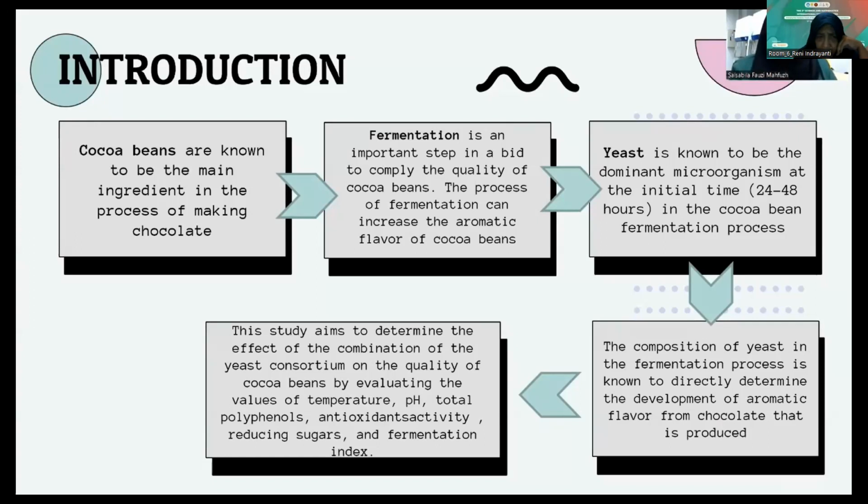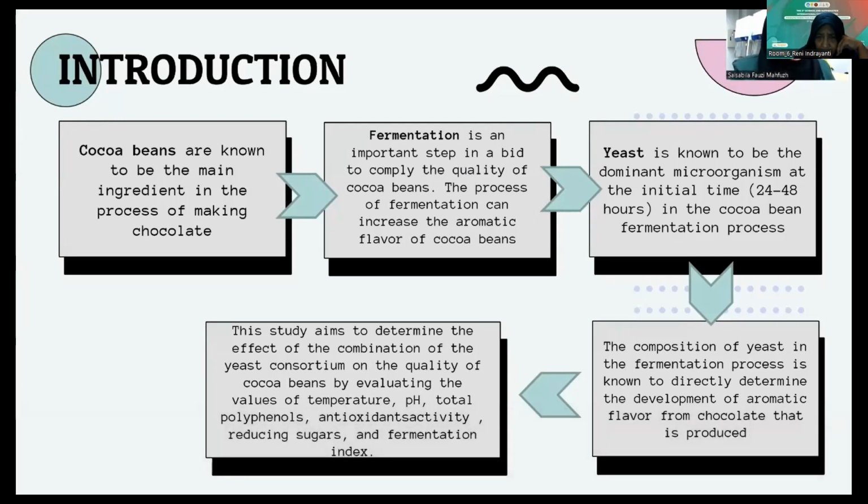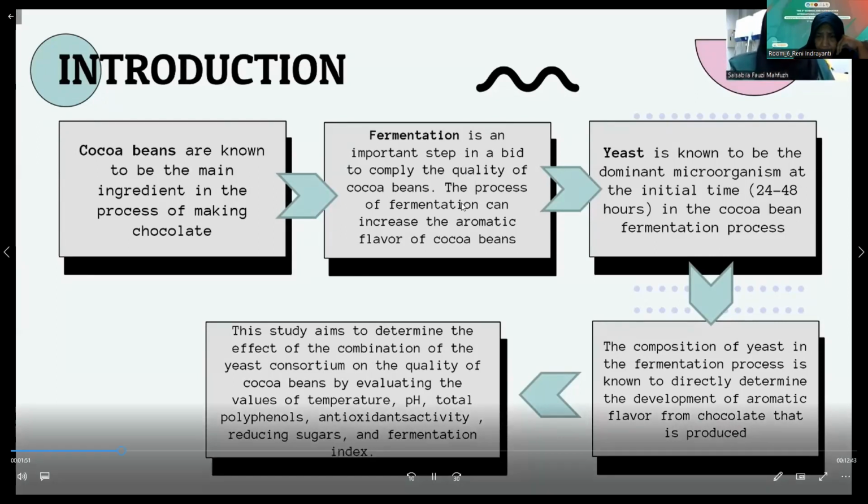Cocoa beans are known to be the main ingredients in the process of making chocolate. There are several cocoa bean producing countries in the world, and Indonesia is one of them. However, in Indonesia, the cocoa beans are generally produced in the form of dried cocoa beans without the fermentation process.